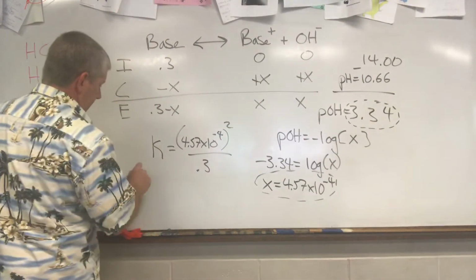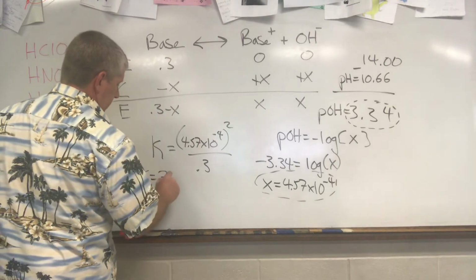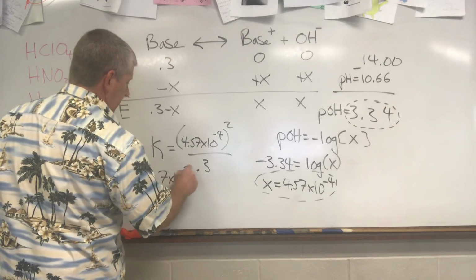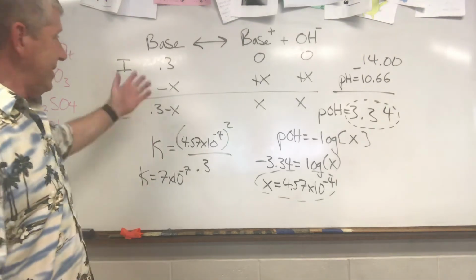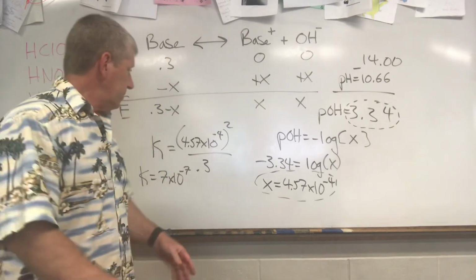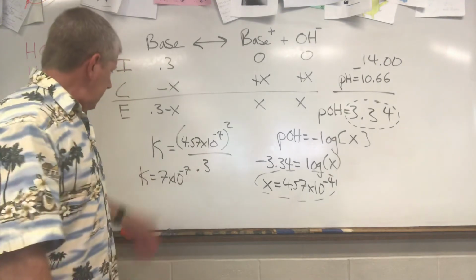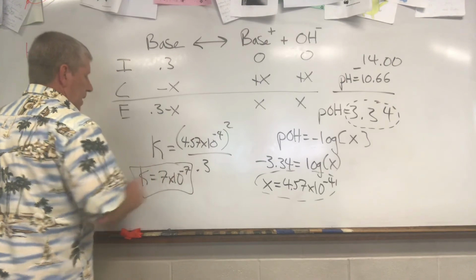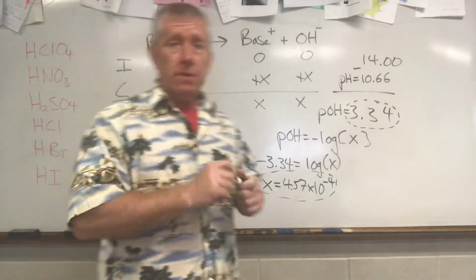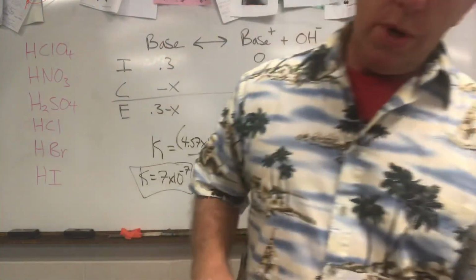So K is 7 times 10 to the negative 7. If you go back and check the rule of 100, that divided by that is like 10,000 or something, so yes, we got rid of that x. That's the K value for this weak base, and that's the last problem for this week.